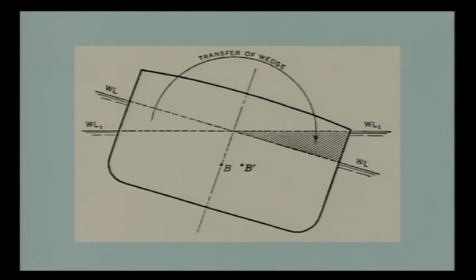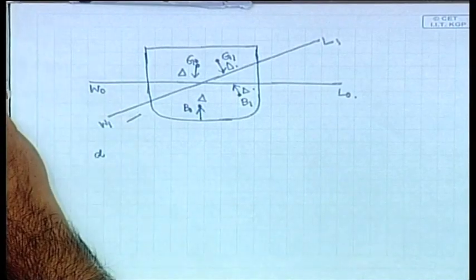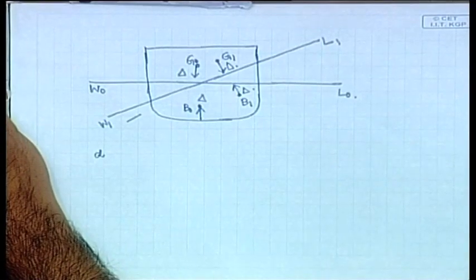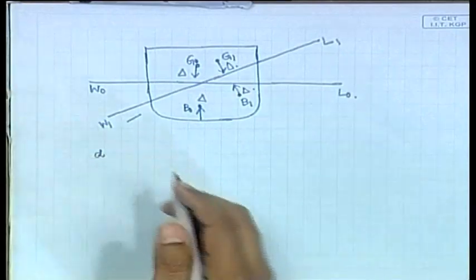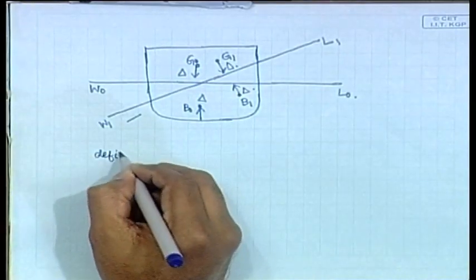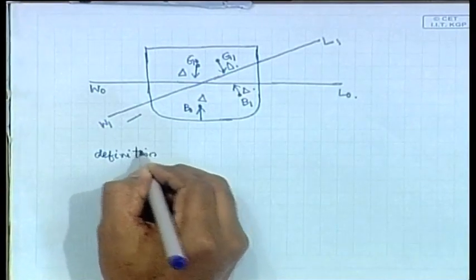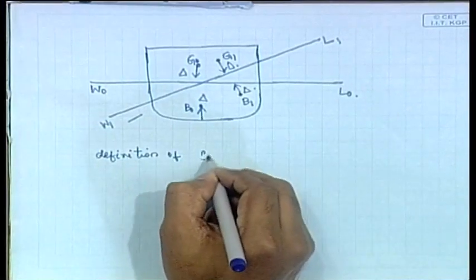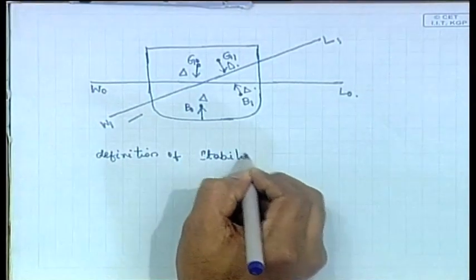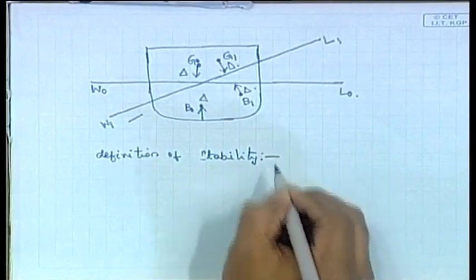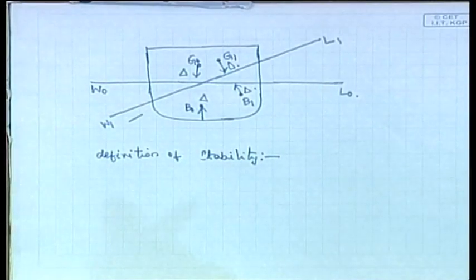Now there are three types of equilibrium I have told you. Equilibrium of course means a body is remaining at rest, and there are three types of equilibrium associated with a body.